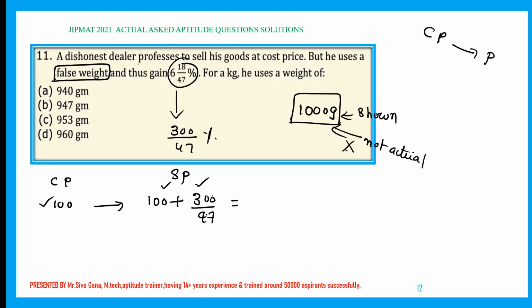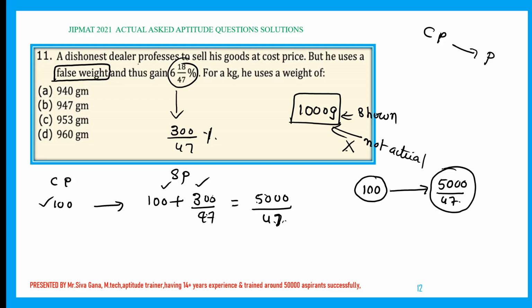This is 4700 plus 300, 5000 by 47 is the selling price. Now for 100 grams, he is selling it by showing 5000 by 47 grams.